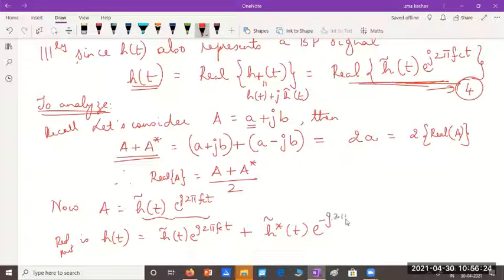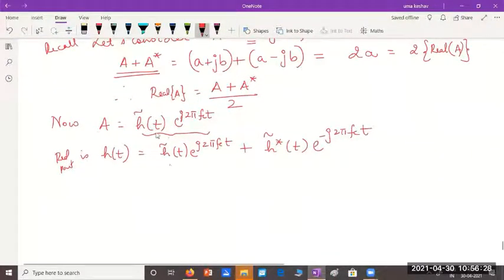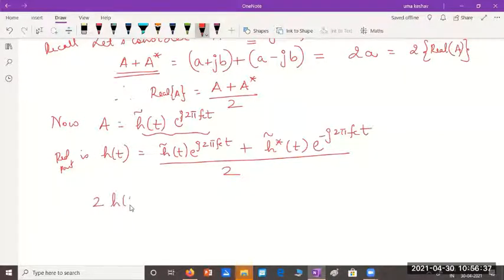It will be e power minus j2 pi fct, divided by 2. Try to simplify this; I take this 2 to the other side. I want you to simplify this or write the equation. I can't simplify this any further now. Just write this, and for simplification of this, we need to go to the frequency domain. Let's do that in tomorrow's class.